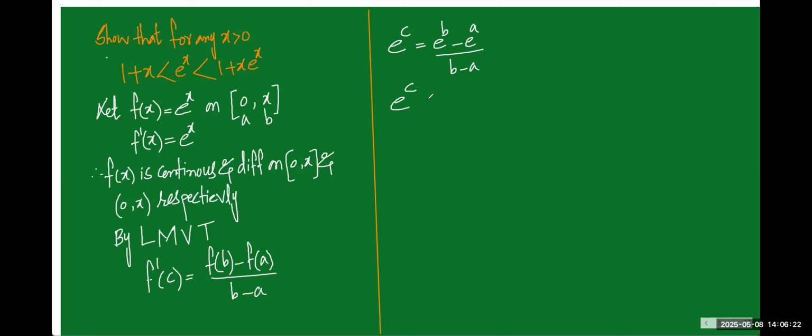E power c is equal to e power x minus e power 0 by b minus a. B minus a means x minus 0, that is x only. E power c is equal to e power x minus e power 0, whose value we know is 1, divided by x. Let me call this equation number 1.